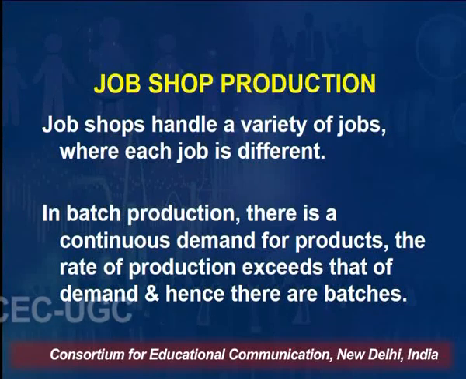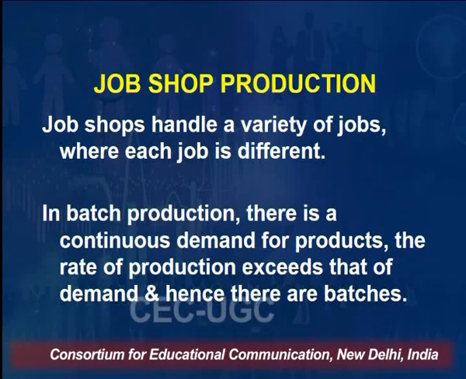Here it is not necessary that the material will be given by the customer or the client. The material may be used by the industry themselves, but they are taking custom orders from the market. Whatever orders they get from their client, they design the final product according to the specifications given by the client. So job shops handle a variety of jobs where each job is different.